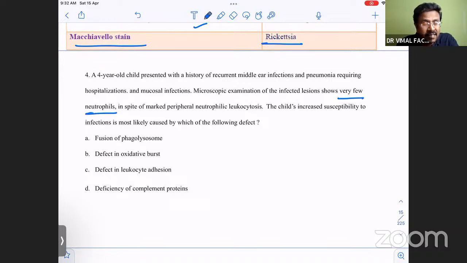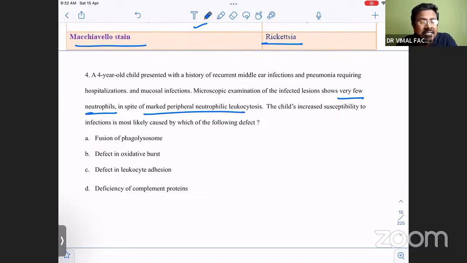But if you take a blood CBC, a complete blood count, there are a lot of neutrophils. The WBC total count is increased, predominantly by neutrophils. So neutrophilic leukocytosis is there.